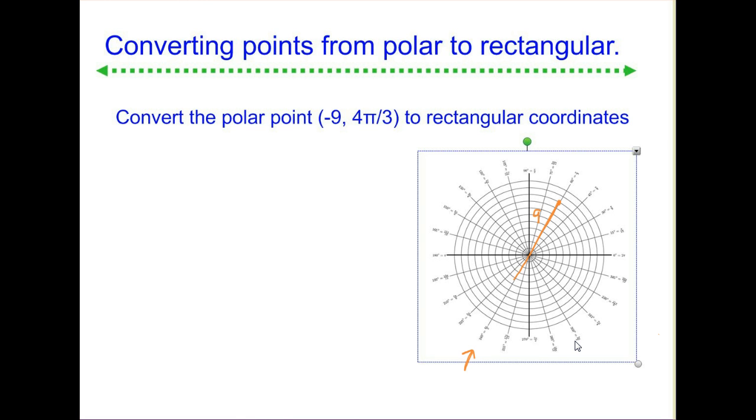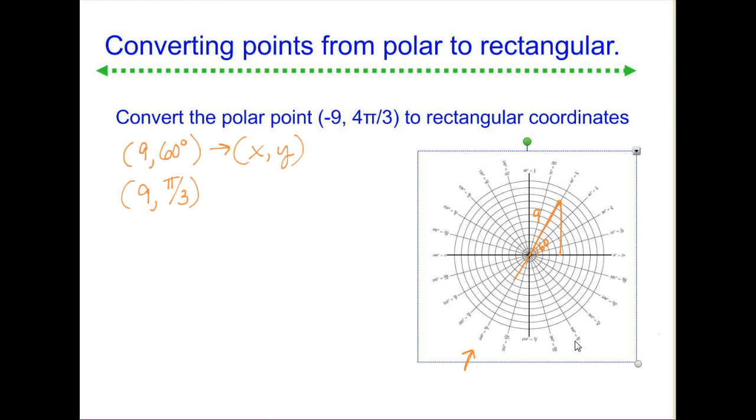And we know this angle right now is going to be 60 degrees. So I'm actually taking this point 9 comma 60, or we can write it as 9 comma pi over 3, and I need to switch that to x comma y.